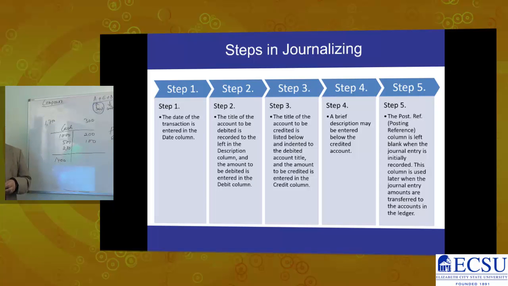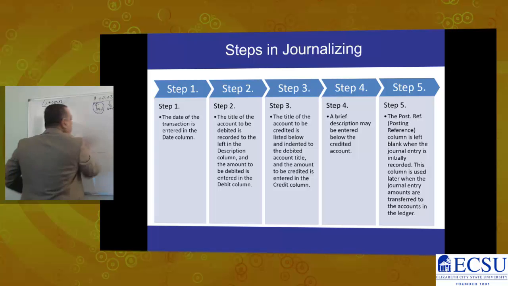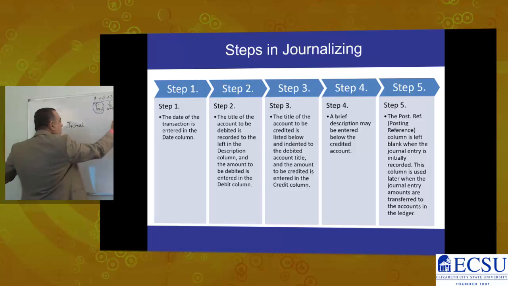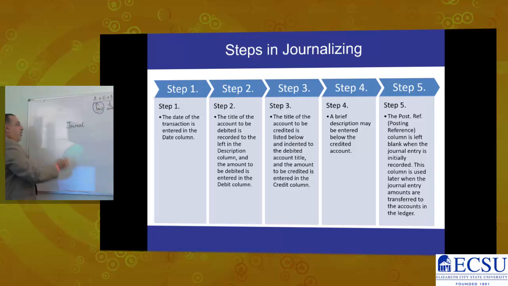Whenever you are journalizing, you are going to follow steps. Number one is you write the date of the transaction in the date column. If you have a journal, you will always have a page number, so let's say page 1. The first thing is that you have a date column.